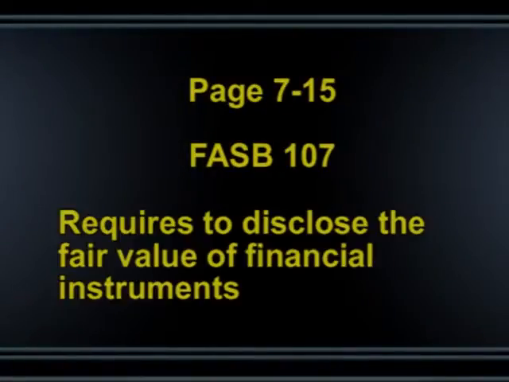So if you're over to page 7-15, this is FAS 107. Now this one's been around for a while. It requires you to disclose the fair value of financial instruments. Now focus on everything that we're going to do tonight deals with financial instruments. We're not talking about property, plant, and equipment. We're a long ways from there. We're talking about financial instruments.